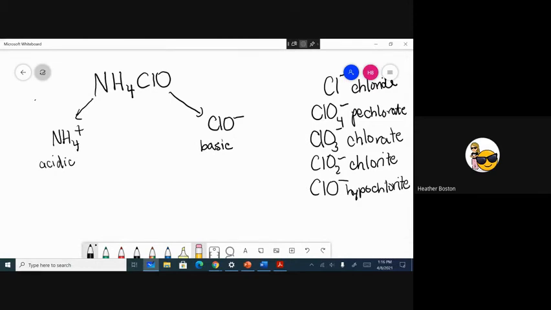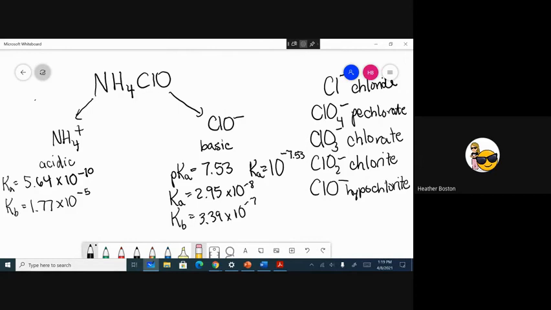But what you would have to do is find some Kas. If you look at NH4, its Ka is 5.64 times 10 to the minus 10, meaning that NH4 is a very weak acid.